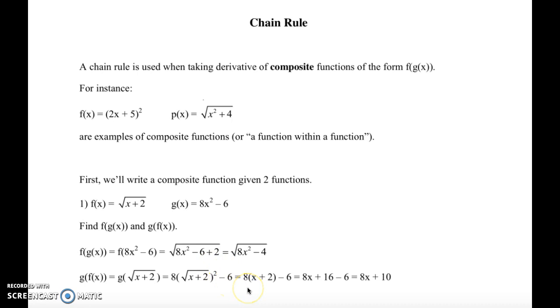Now, when we square a square root, the square root just goes away. That makes it pretty easy. And so we have to go ahead and take our 8 and multiply it by our x plus 2 through the distributive property, and then subtract 6. So we end up with 8x plus 16 from the distribution minus 6, and it simplifies to 8x plus 10.